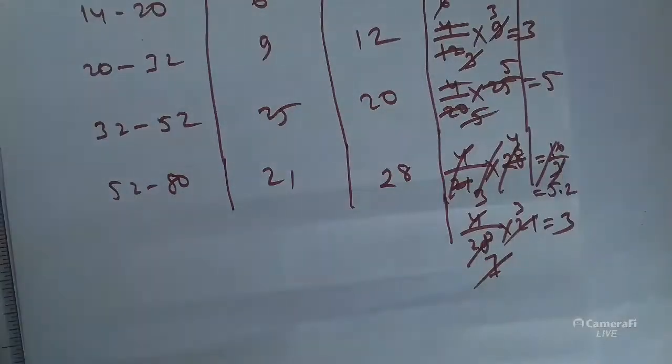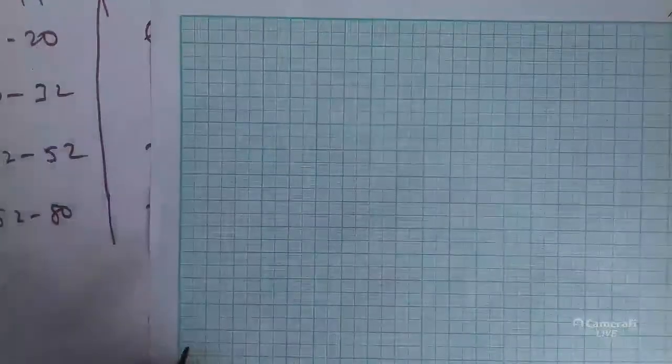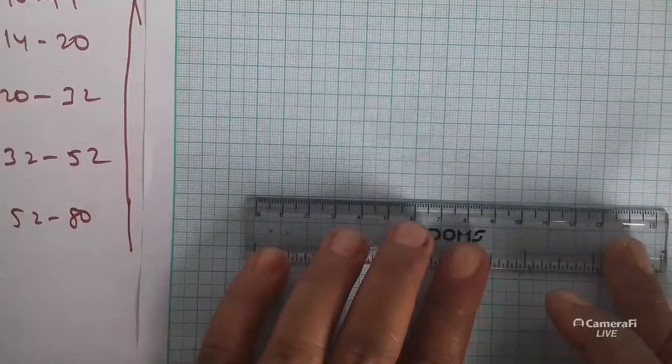Now we have to draw one histogram to represent the adjusted frequency, not the real frequency. At first we have to draw the x axis and y axis.